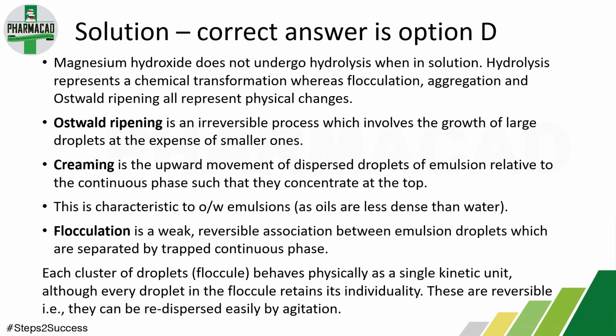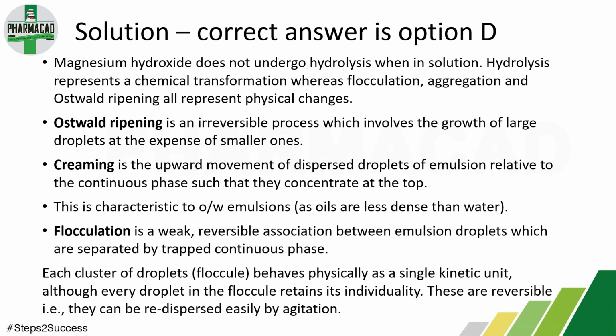and we can consider this as creaming. Flocculation is a weak reversible association between emulsion droplets which are separated by the continuous phase. बेसिकली फ्लॉक्स मतलब छोटे छोटे फ्लॉक्स फॉर्म होते हैं एंड ये एक वीक और रिवर्सिबल फिनोमिना है, मतलब उसकी बॉन्डिंग वीक होगी, दो मॉलिक्यूल्स ट्राइंग टू गेट अट्रैक्टेड, बट दे आर रीडिस्पर्सिबल, मतलब तुम शेक करोगे तो वो फ्लॉक्स एकदम नॉर्मल हो जाएंगे.